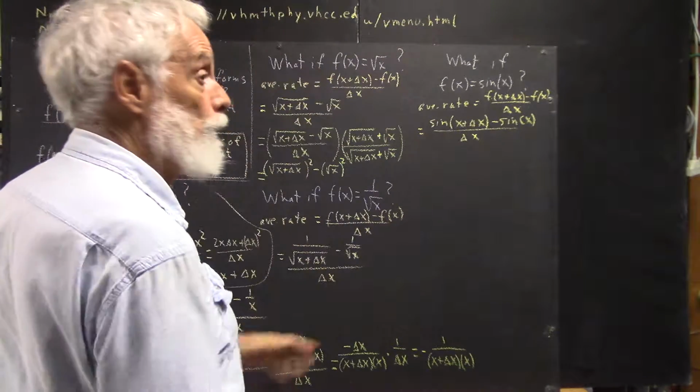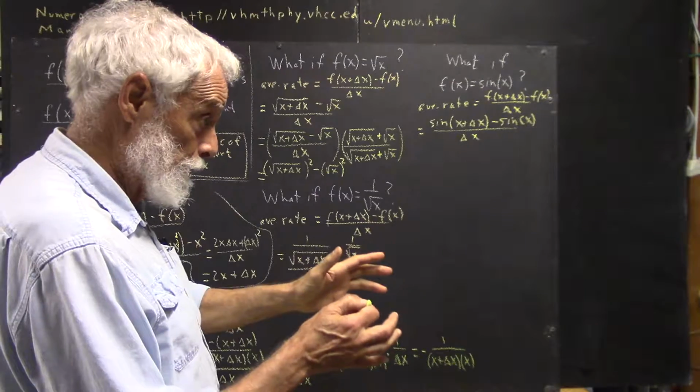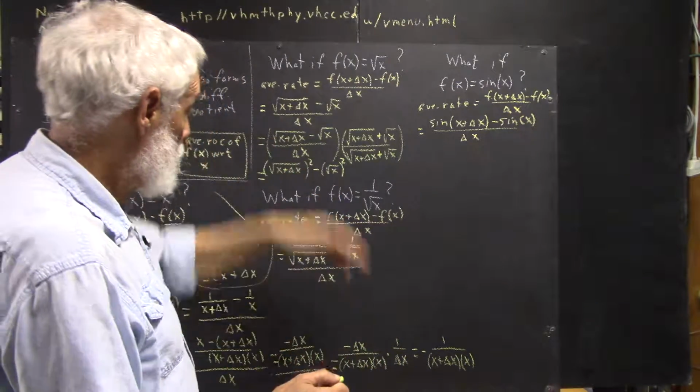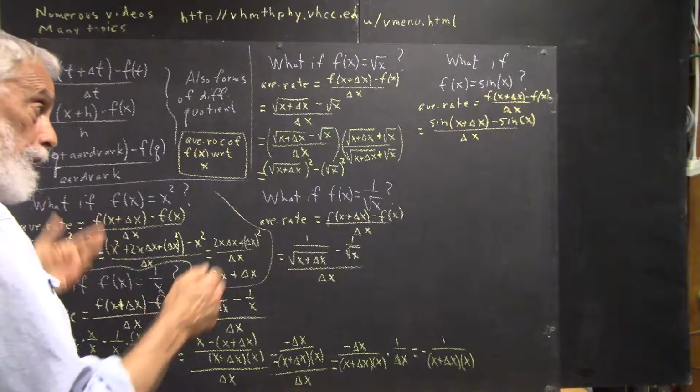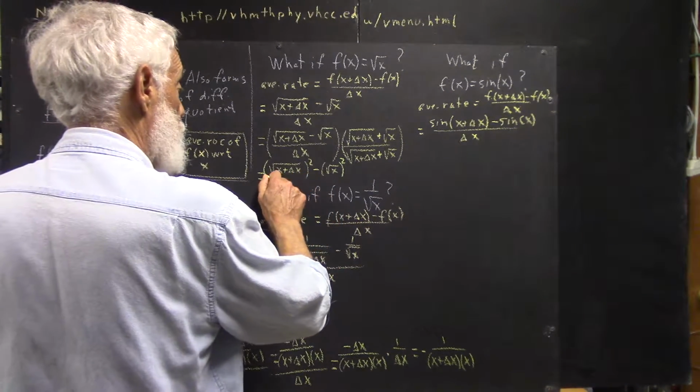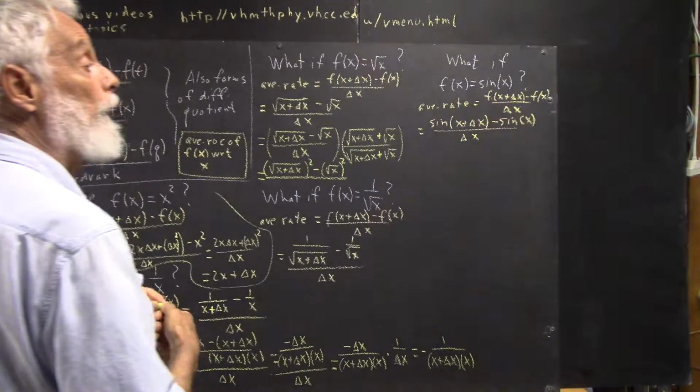They go away. You should know why a minus b times a plus b is a squared minus b squared, and you should be able to apply that understanding here. And if not, you should really review that, although under time pressure, I understand why that might not happen.